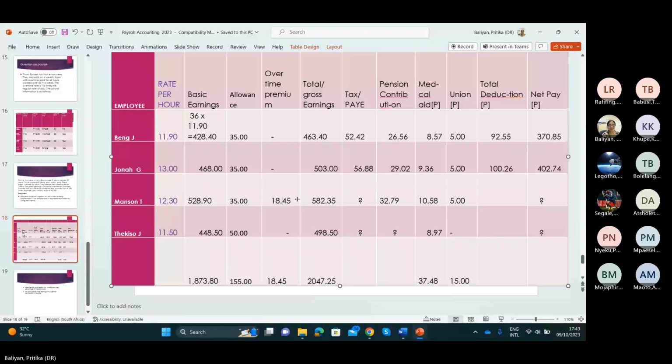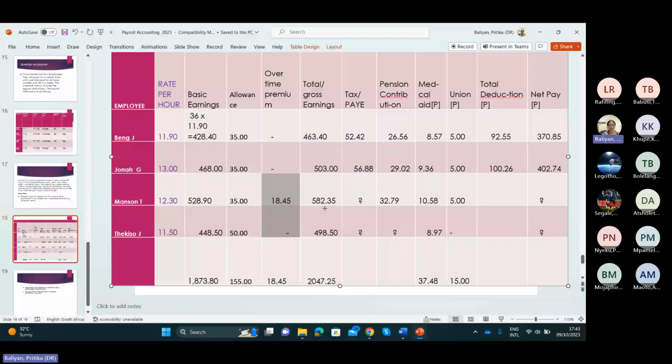Yes, ma'am. Okay. He does not have any other benefit, so we add all these payments, the basic pay, allowance and overtime, and then we get the gross earning. The gross earning is 582 pula and 35 thebe.